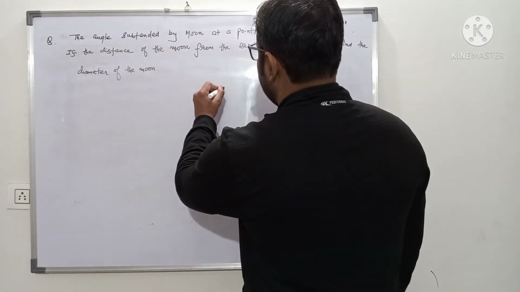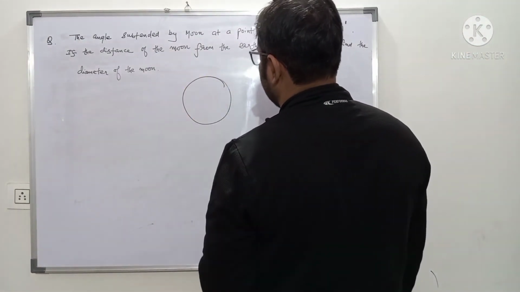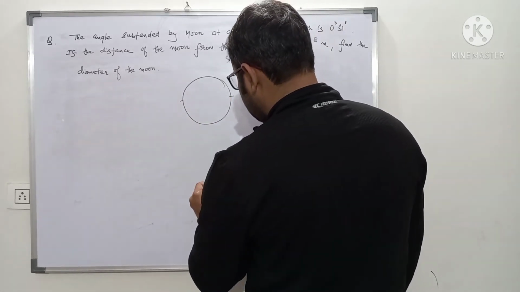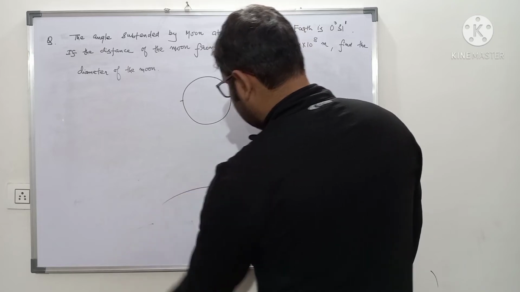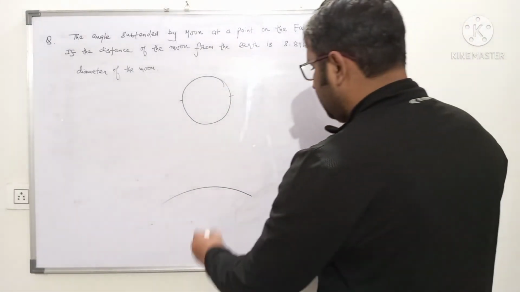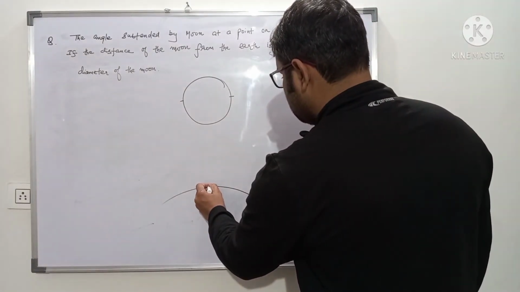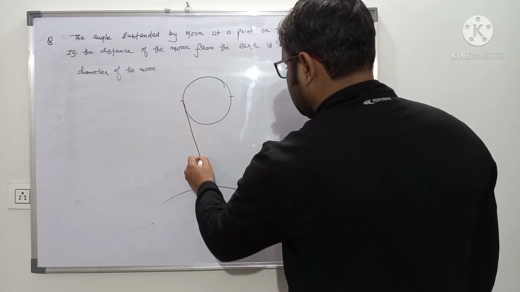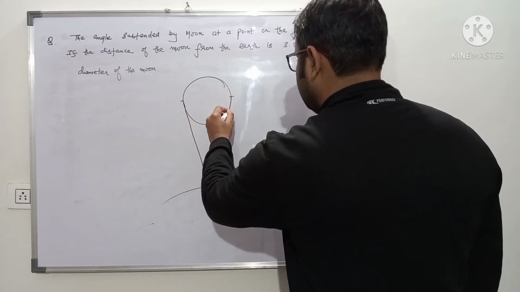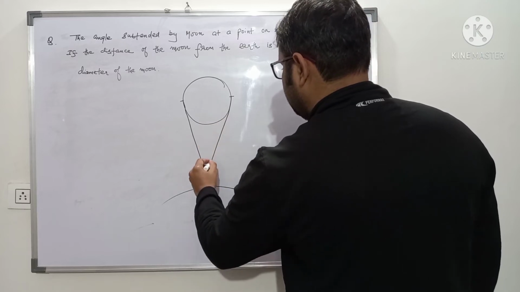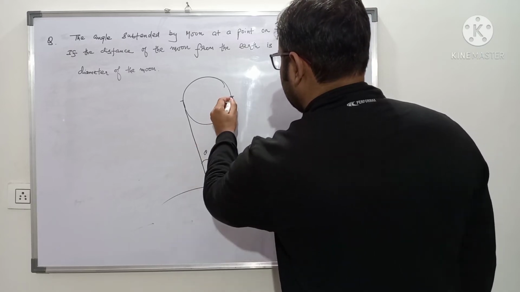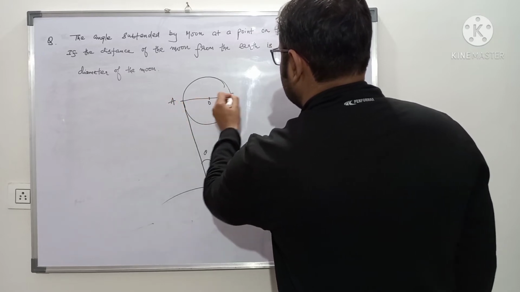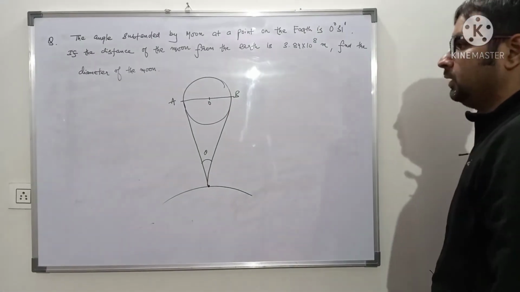Now let us assume that this is the moon, and this is the surface of Earth, and this is a fixed point at which the moon is subtending, and this is the center of the moon and this AB is the diameter, right?